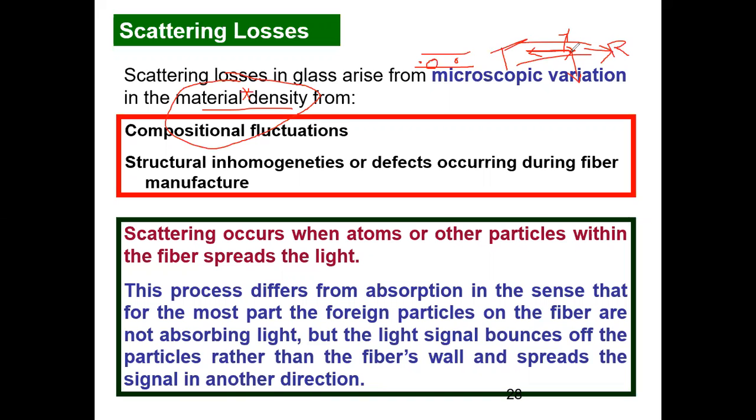So some portion of light travels across the cladding also, but that is not useful light because the detector is just taking the light that is coming out from the core of the fiber. Cladding is also made up of glass, only the refractive index is different. So once the light rays enter the cladding, they will also propagate.